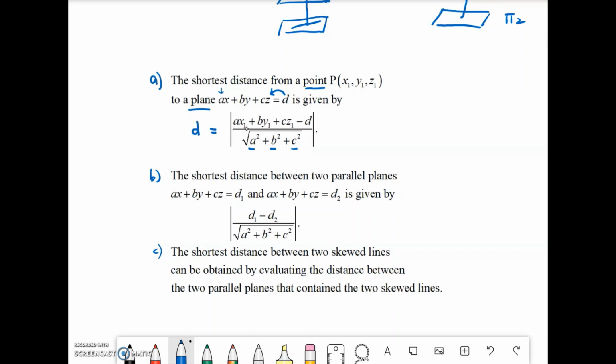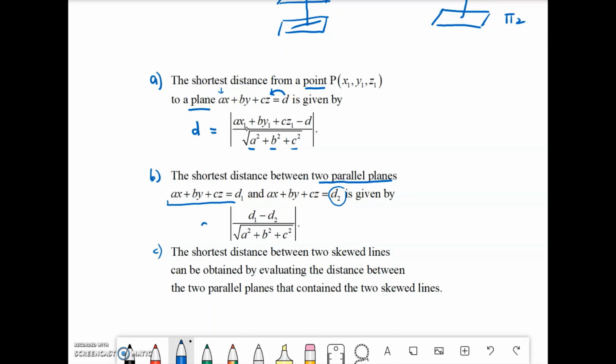For case 2, where we want to find the shortest distance between two parallel planes, given that the first plane is ax plus by plus cz equals d1, where the difference is the value of d1 and the value of d2, and the second plane is ax plus by plus cz equals d2.